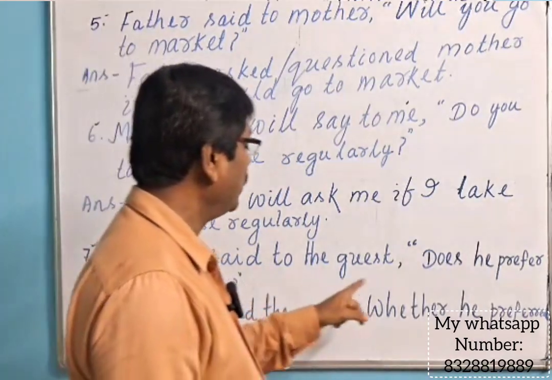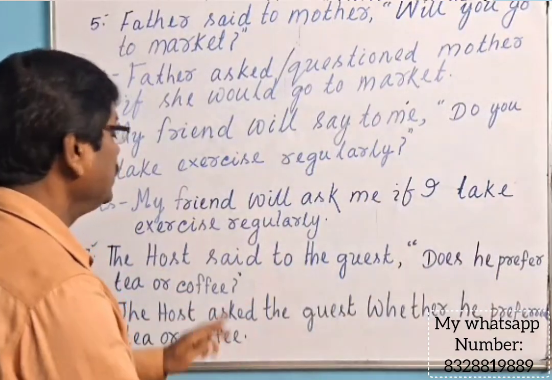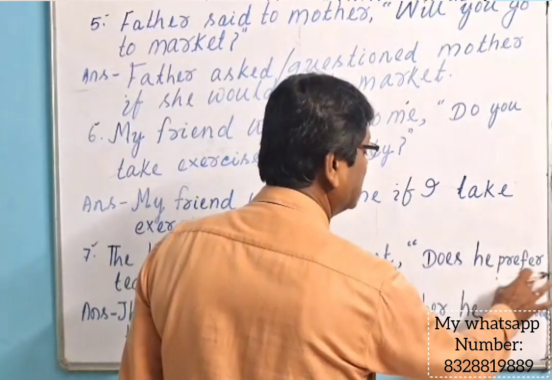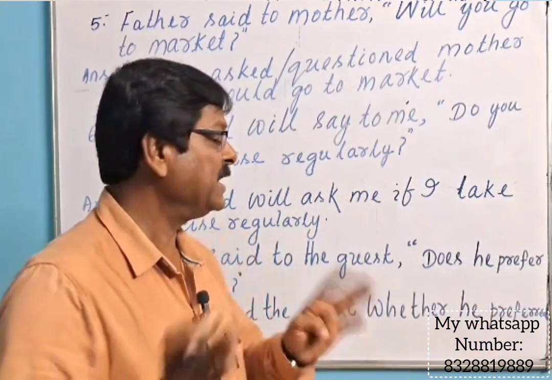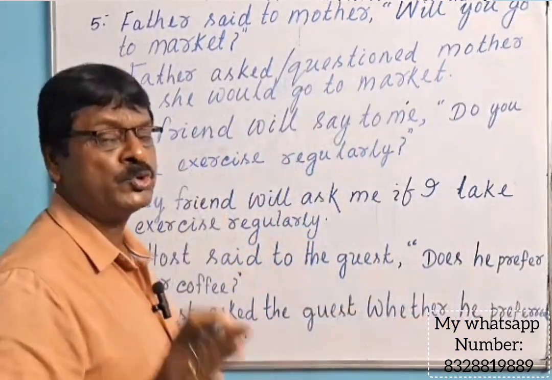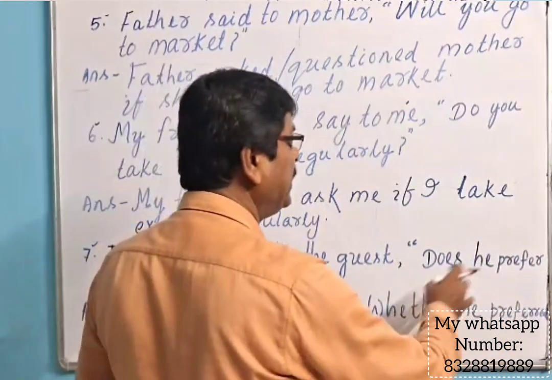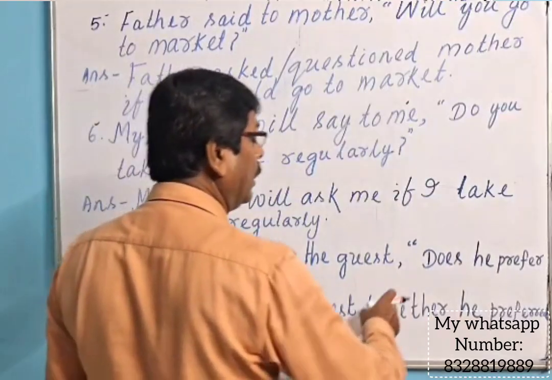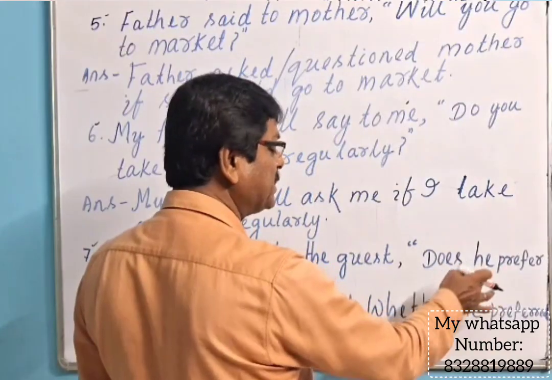The host said to the guest, "Does he prefer tea or coffee?" You look at this board and try to understand. The sentence within inverted commas is a choice question. As a choice is given there, instead of "if", we have to use "whether", right? The joining word between the reporting verb and reported speech will be "whether". The host asks the guest whether he, a third person, so no change will take place.